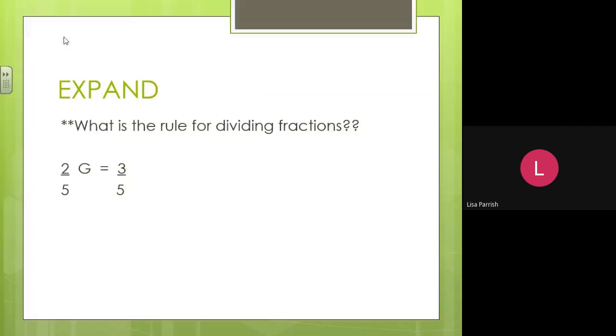Let's see, let me go back to the current slide here. So we don't want to write that underneath there like that. So what I normally do on these is I just kind of go to the side and do that, because on this side, I do need them lined up side by side in order to do my keep, change, flip.